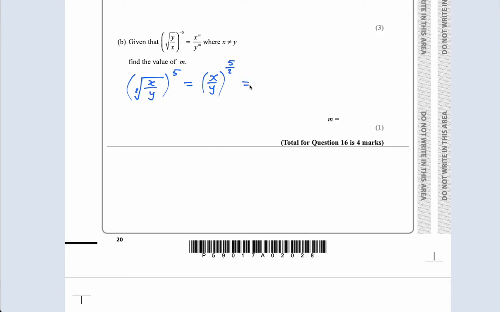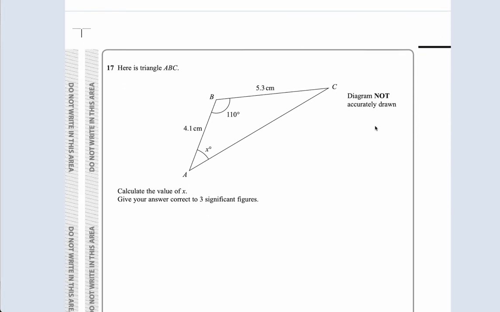And then that's just the same as x to the power of 5 over 2 over y to the power of 5 over 2. If I have this to the power of this, it's just this to the power and this to the power. So m is 5 over 2. I can't believe they've only given me 1 mark for that. But again, c'est la vie.